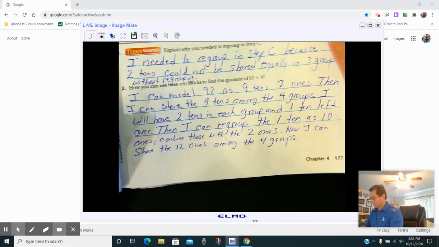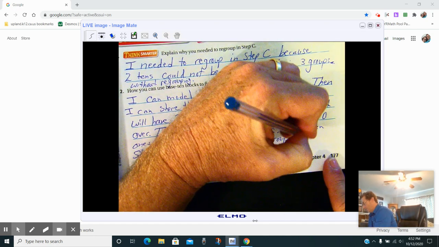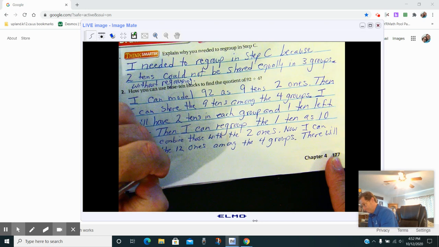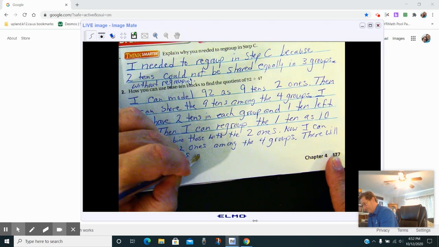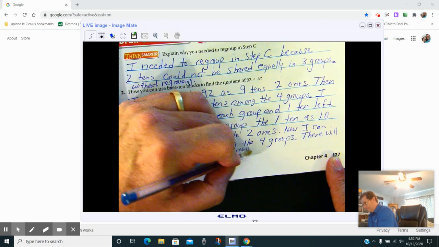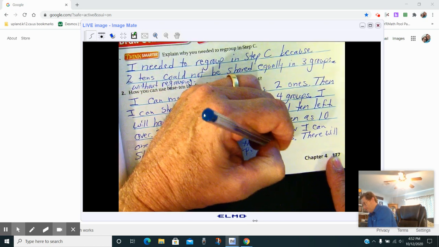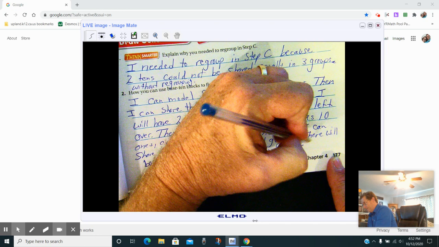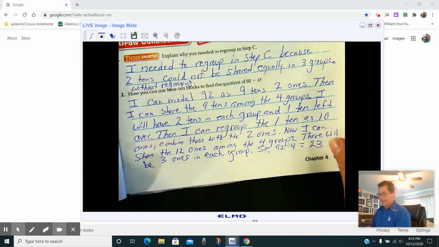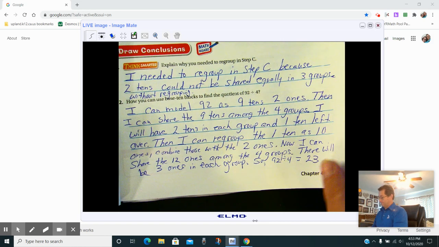There will be 3 ones in each group. So 92 divided by 4 equals 23. 2 tens and 3 ones in each group.